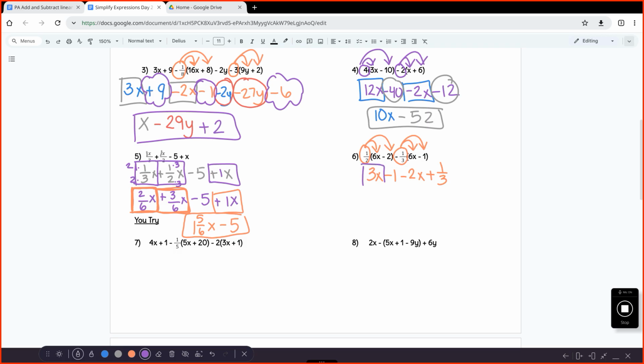So we have here 3x and negative 2x, that gets us 1x. And then we have here negative 1 plus 1/3, which is minus 2/3. If you're not sure how to do that, right, negative 1 plus 1/3 is the same thing as negative 1 over 1. You need common denominators, so you would multiply by 3, and then you end up with negative 2/3.